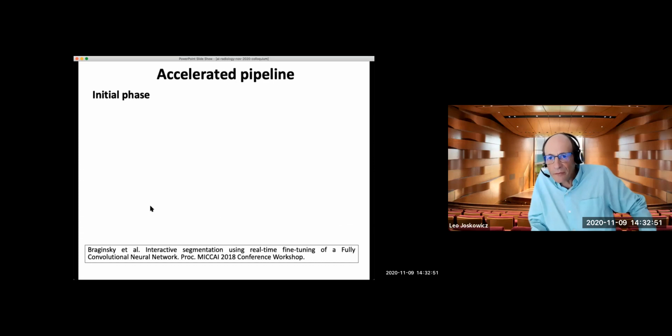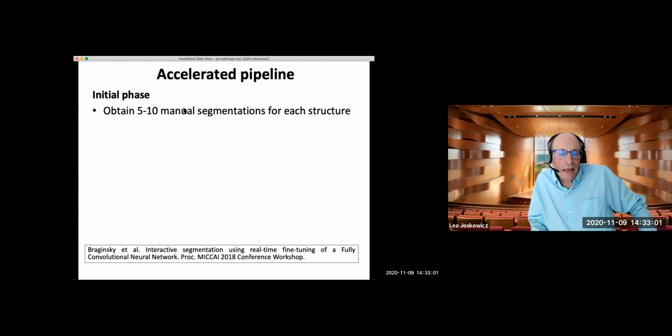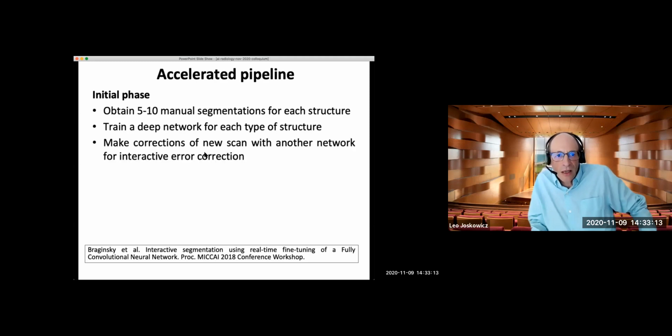So what I'm going to describe now is an overview of how we go about building such a tool. The first thing in the accelerated pipeline is the following. First of all, we ask for 5 to 10 manual segmentations for each one of these structures. Then we train a deep network for each one of the structures.